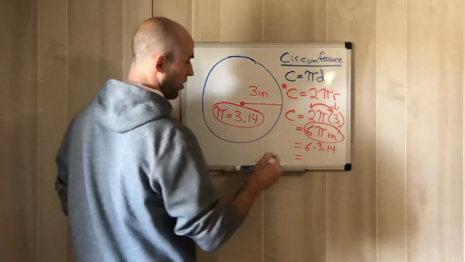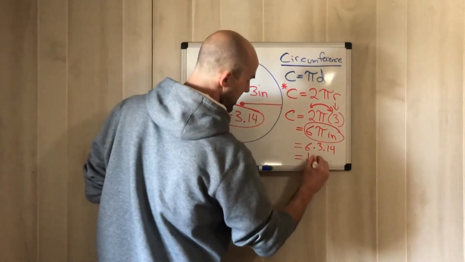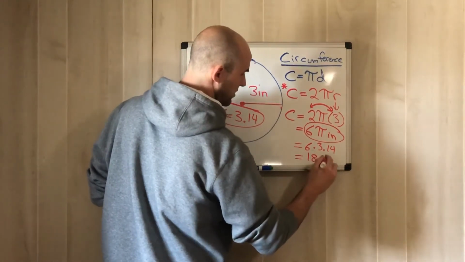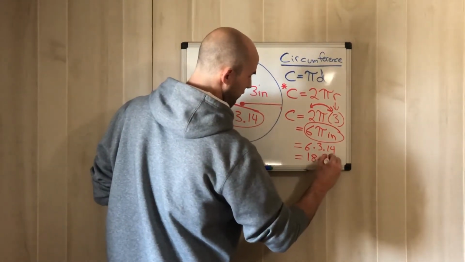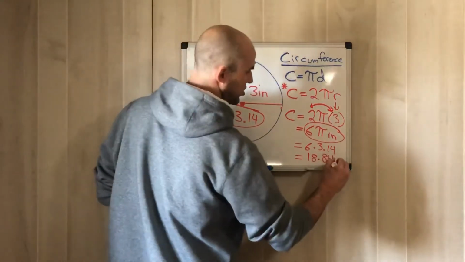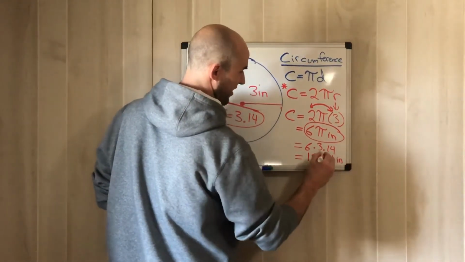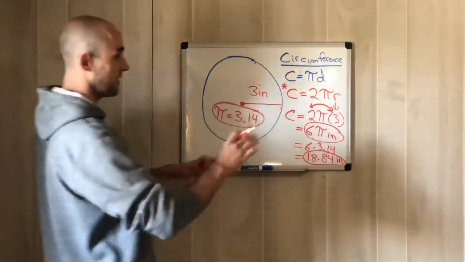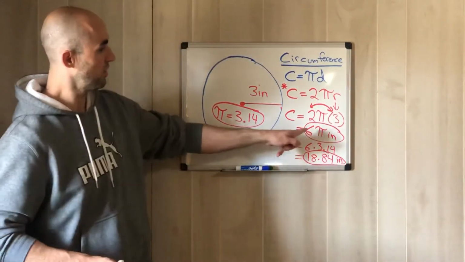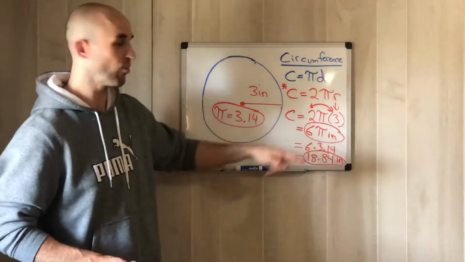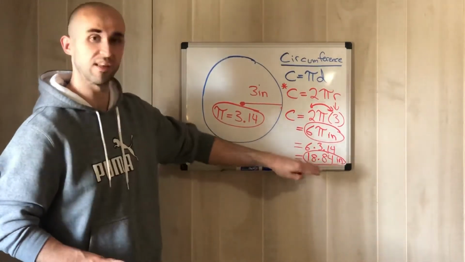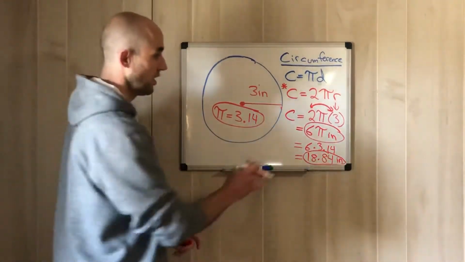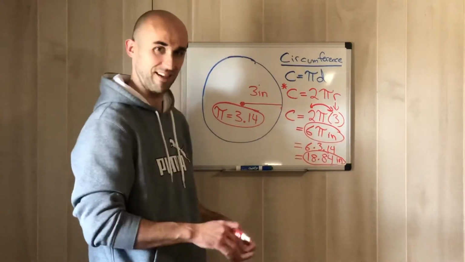Once you multiply it, it would end up giving you 18.84 inches. Squared, I'm sorry, inches. We'll get to that in a sec, what I said about squared. If you want to, you can write one answer with pi. If you always want to just use the decimal, you're more than welcome to. You would just multiply that out and that's it.